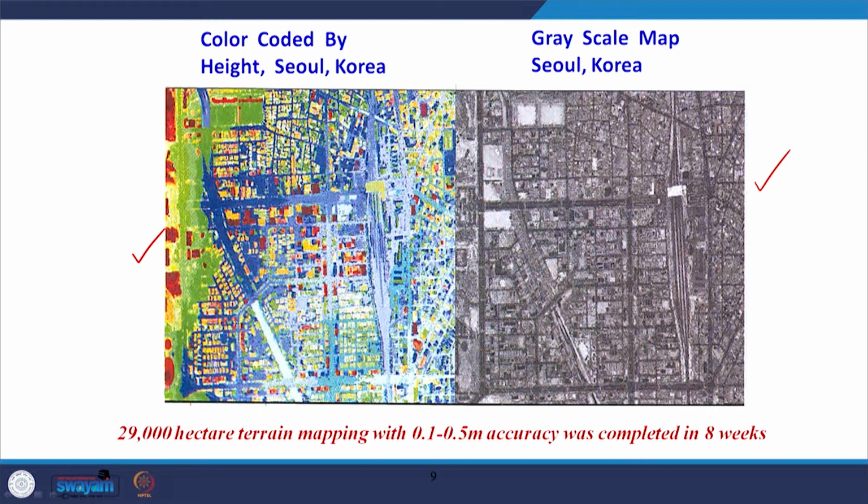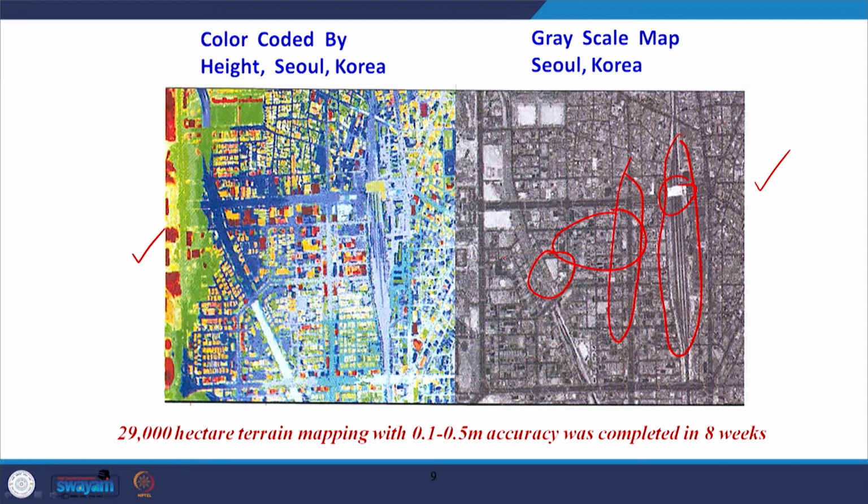If you look at the black and white grayscale map, one can very easily identify from this data the different railway tracks. One can identify the road network in the area. Several buildings are clearly seen, open area. If you blow it up on your computer screen, you can see much more detail.